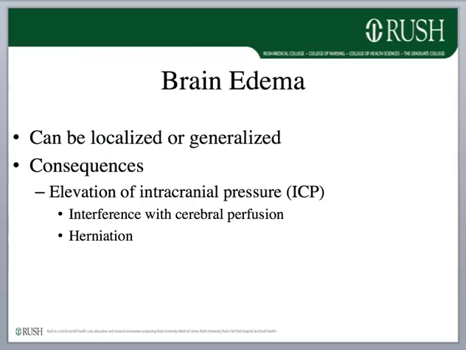It can be generalized or localized, and the consequences of brain edema are elevation of intracranial pressure, which can affect the flow of blood throughout the brain, or directly cause cellular injury, and ultimately, which I'll talk about later, herniation of the brain through these rigid structures.